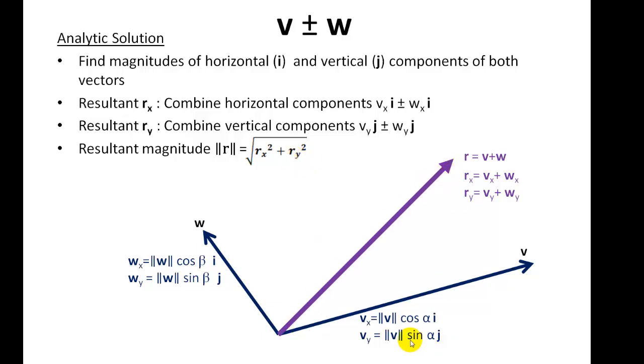And that makes sense because there's a right triangle formed by the vertical component and the horizontal component of this resultant vector as well. To find the direction, again, we use the inverse tangent because we know the opposite side and the adjacent side of the angle that's formed, and we want to find the angle. So that angle, which I'm calling theta, would be the inverse tangent of the vertical component divided by the horizontal component, opposite over adjacent.